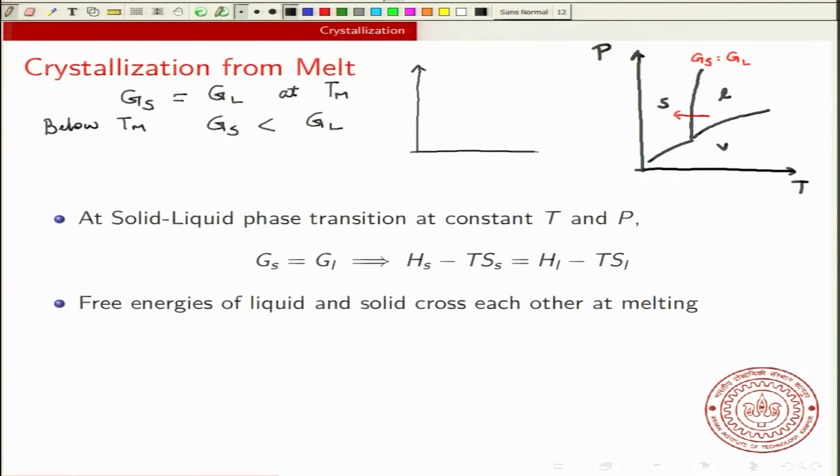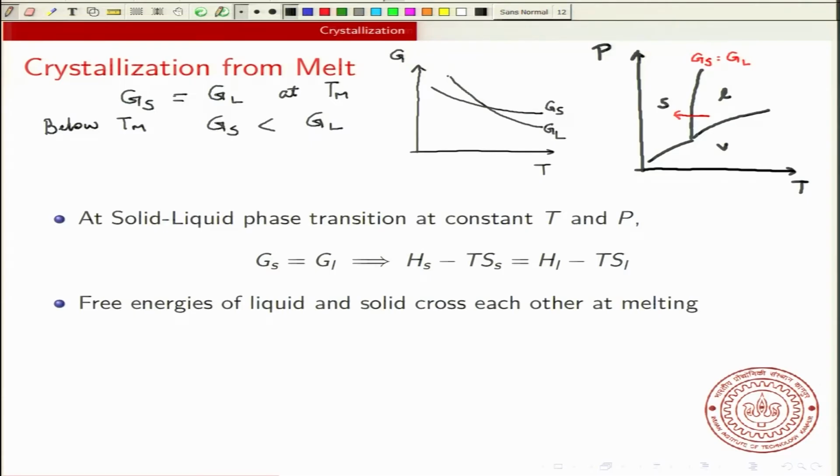But if you imagine calculating the Gibbs free energy of the solid and the liquid as a function of temperature, you will see them cross each other. This is the Gibbs free energy of the liquid, this is the Gibbs free energy of the solid, and typical curves for any material would look like this.